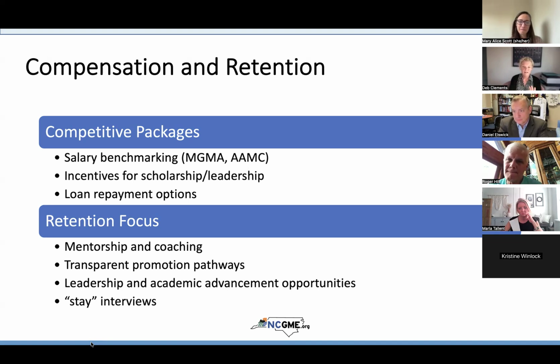And often that leads into that conversation around, again, that joy in practice. And the theory is if you can do 20% of your time in things that bring you absolute joy, you're willing to do 80% of everything else, if you can get that 20%. And so identifying what that 20% is for somebody can be absolutely critical. And you can do that through these stay interviews. Okay, next slide.